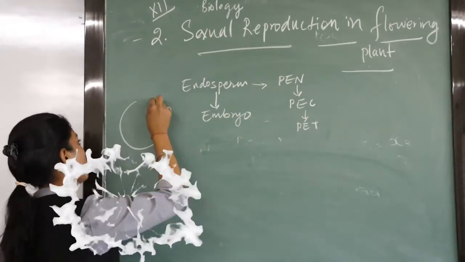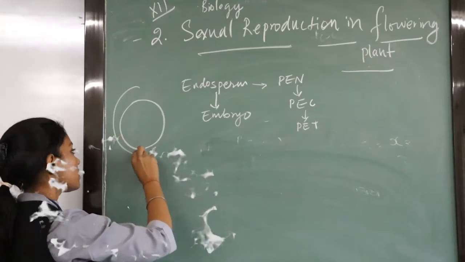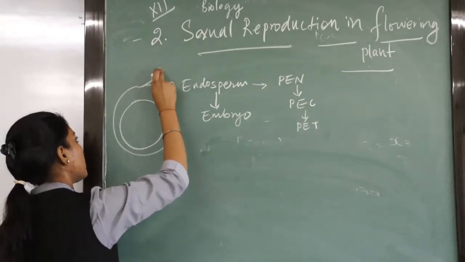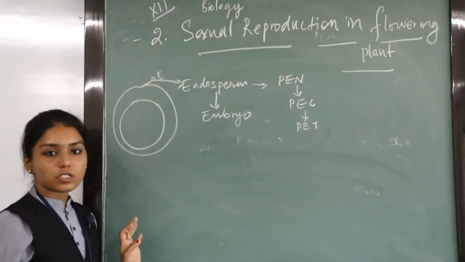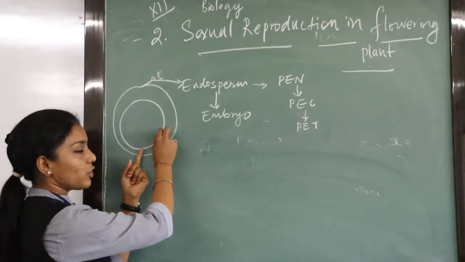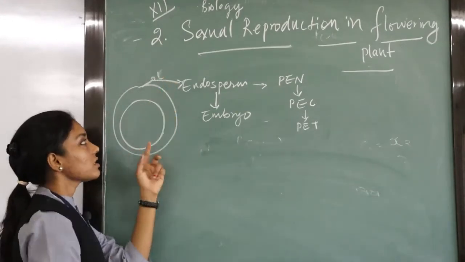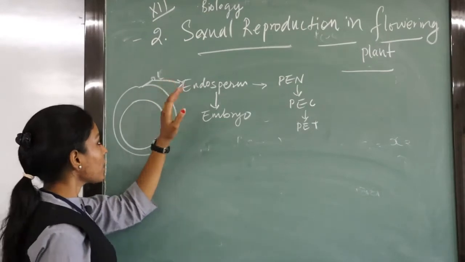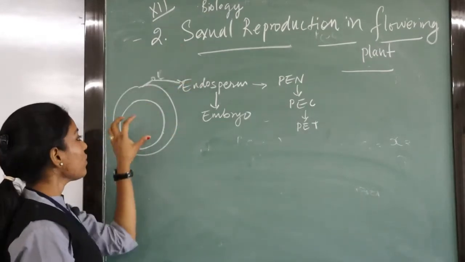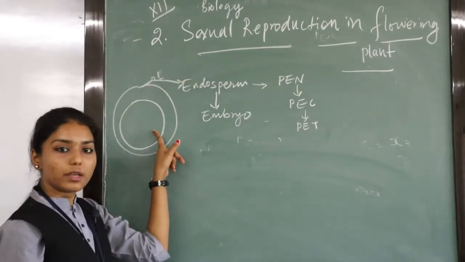Suppose this is an embryo, to this a protection is given, and this protection is given by the endosperm. So before embryo formation, endosperm formation is evolved. इसका ज़रूरत हो गया कि पहले endosperm form होगा तो ही वो provide करेगा nutrition to embryo.